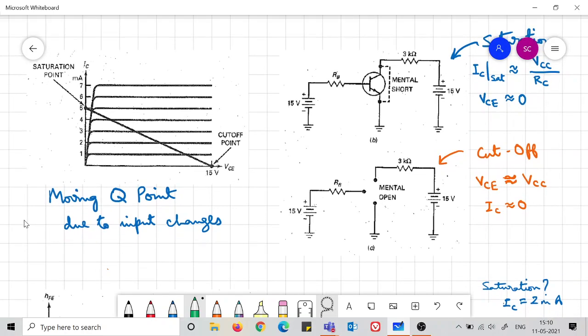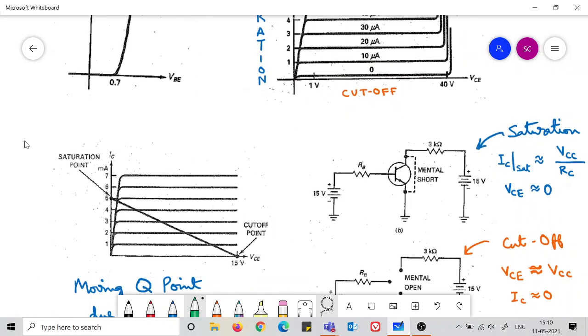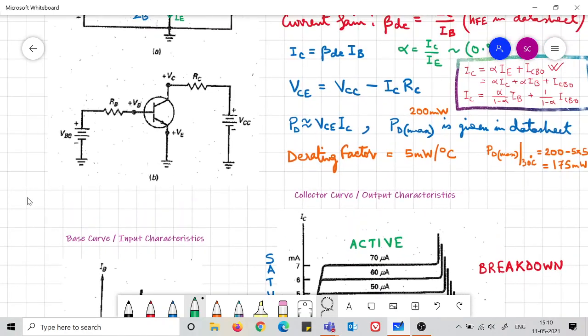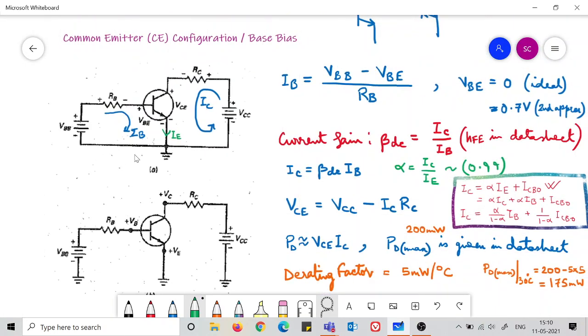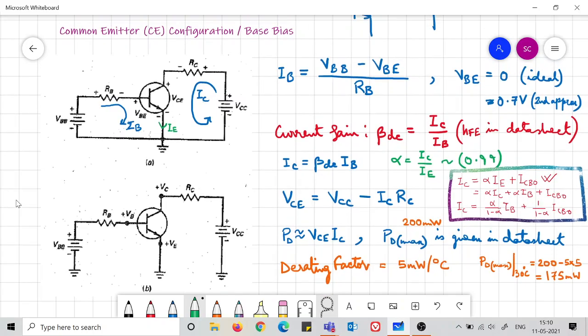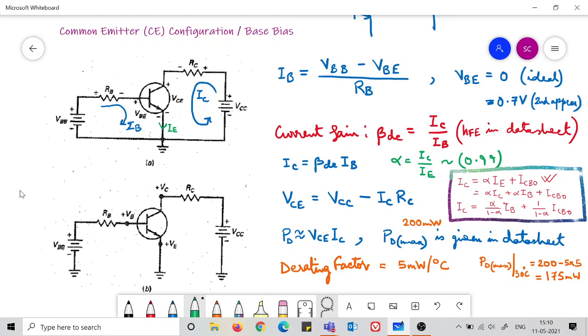So we saw the common emitter configuration, and one thing you can remember is the different configuration circuits. In common emitter, how does it look? Normally I don't prefer to give you a question which you have to answer based on memory, but somewhere you might be given a question like this: there is a common emitter configuration with RB and RC as these values, so please solve.